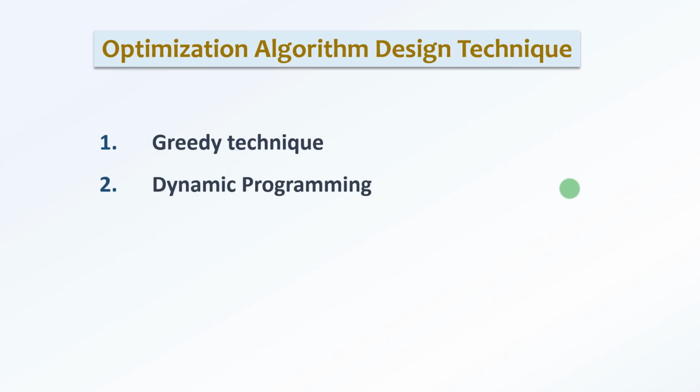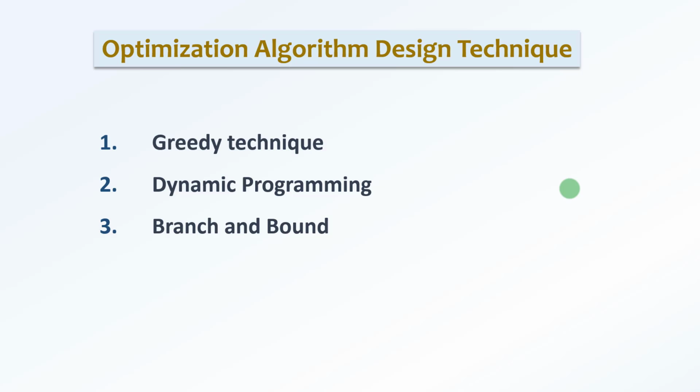Greedy technique, dynamic programming, branch and bound, all three are different types of approaches or algorithm design techniques to solve the problem. These techniques are all used to solve optimization problems. We choose one of these three techniques to solve a problem depending on which one is more applicable, which one is simpler to apply, and also efficient.